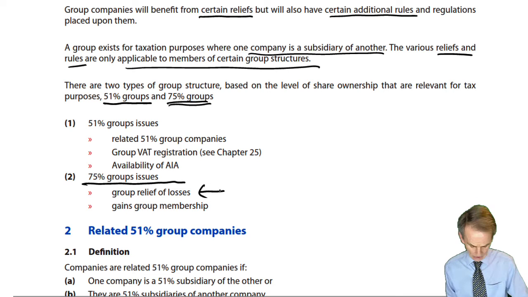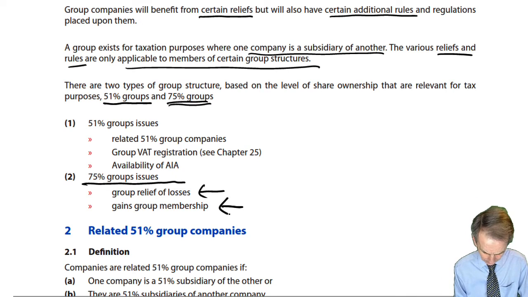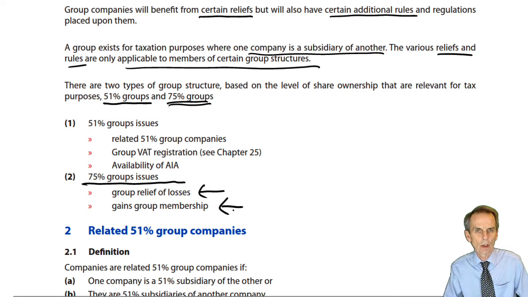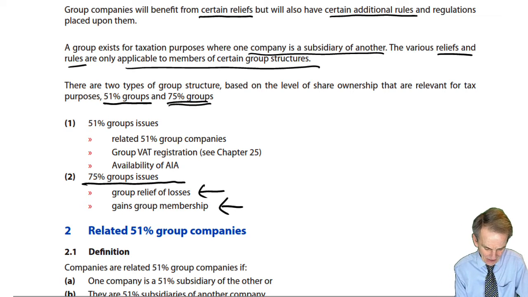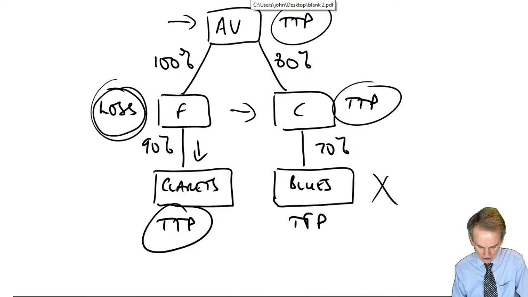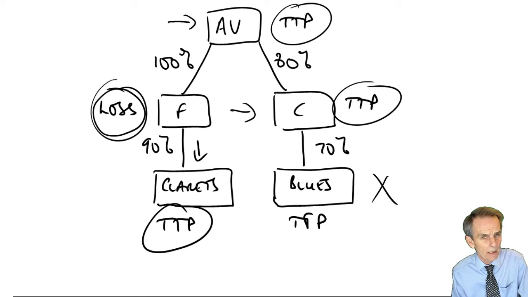Without going into any detail on it, the other issue is that they would then be said to be members of a chargeable gains group. And I say without going into any detail, in essence, it is a very simple system, and that is that if we go back to our AV group of companies, if we have companies that are again within, but as we will individually define for gains groups, a 75% group.